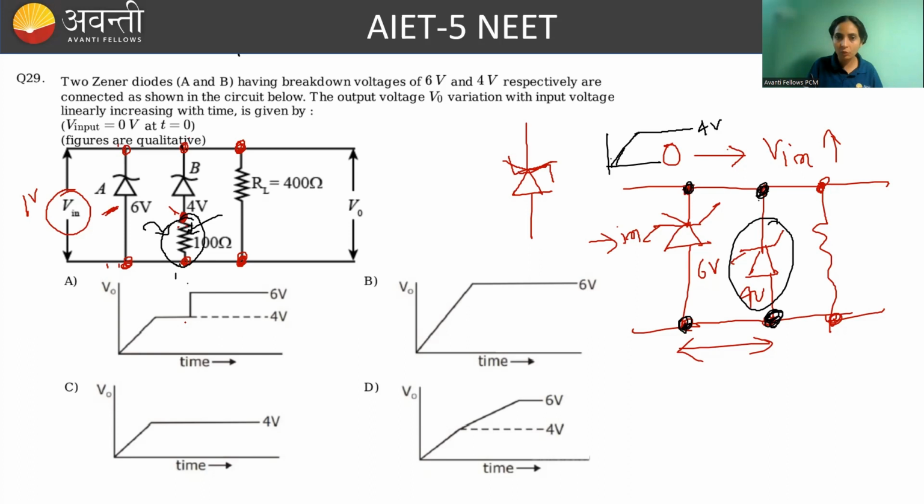Again beyond 6 volt it can't go, because this is a Zener diode and across it the breakdown voltage is 6 volt. So even if you are increasing input voltage, that won't appear across this Zener diode and hence not across the output voltage, because all are in parallel. So voltage will increase up to 4, again it will increase and it will become constant at 6. So correct option will be D, and if there were no 100 ohm here, correct option would have been C.